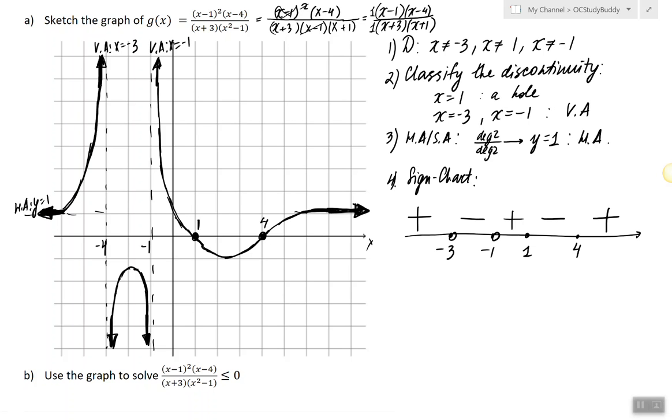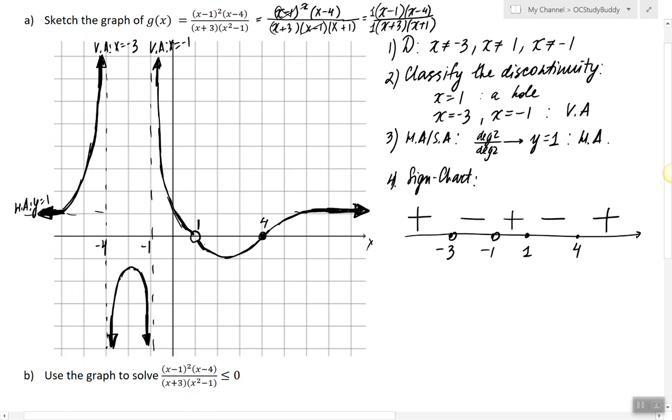Now, how do we use this graph to solve the inequality? I forgot one thing. We had a hole at 1. That means on the final graph, we have to remove a point at x = 1. It happened to be the x-intercept, so I'm just going to draw a hole.